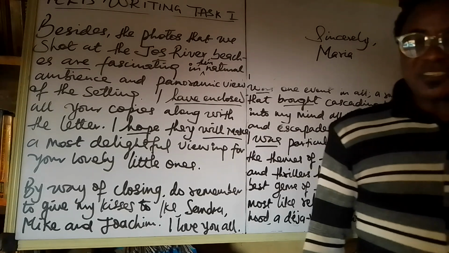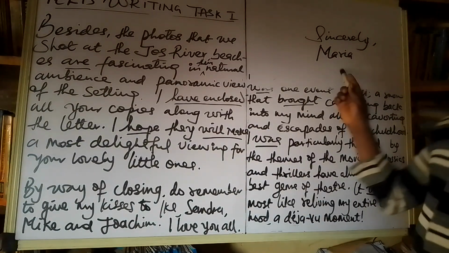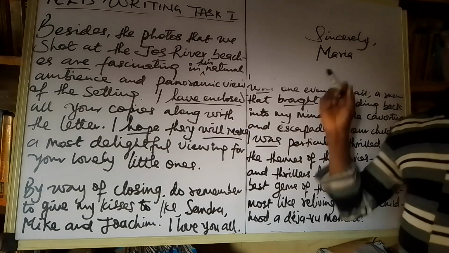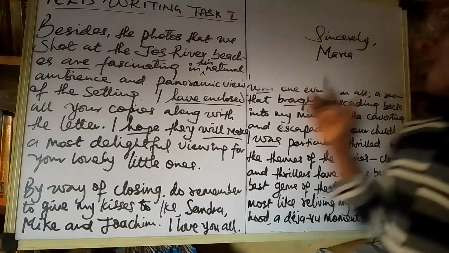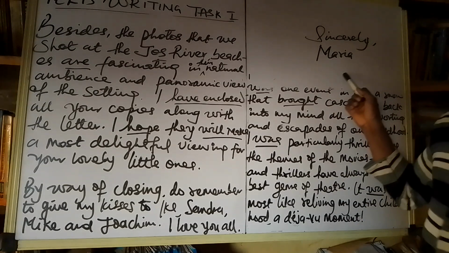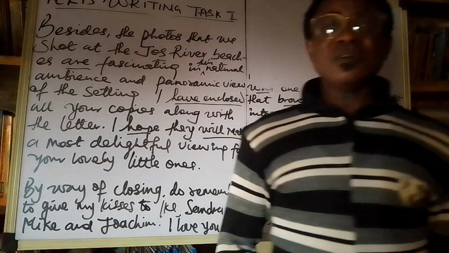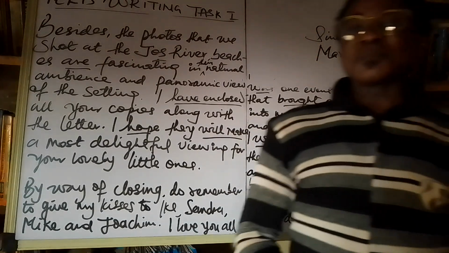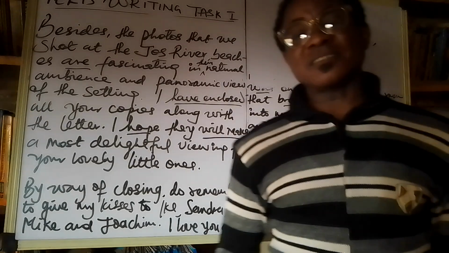It can be yours affectionately or simply affectionately, followed by a comma and the first name of the writer. Family names are not to be included, as family names or surnames or middle names are not to be included, only the first name. So that has been our discussion on IELTS Writing Task 1, which is for IELTS General students.